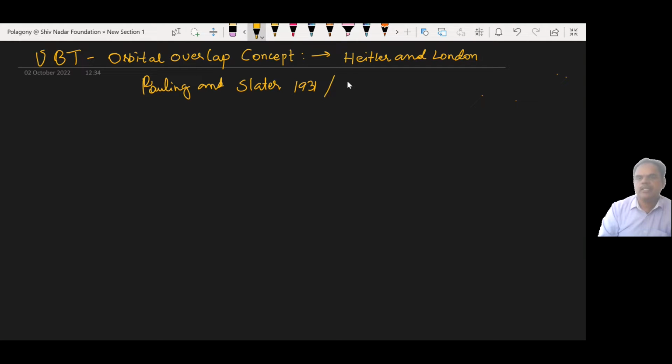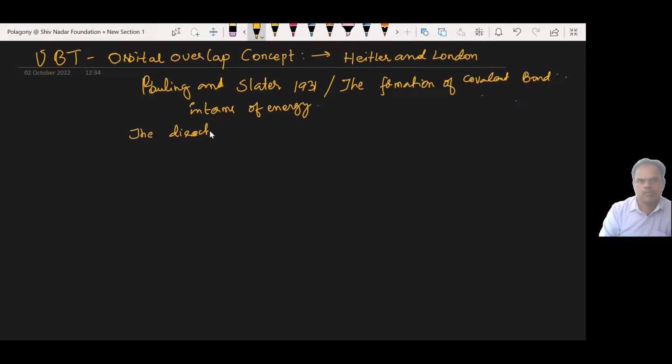The valence bond theory purely explains the formation of a covalent bond in terms of energy, and it also explains the directional property of the covalent bond, whereas an ionic bond does not have directional property.